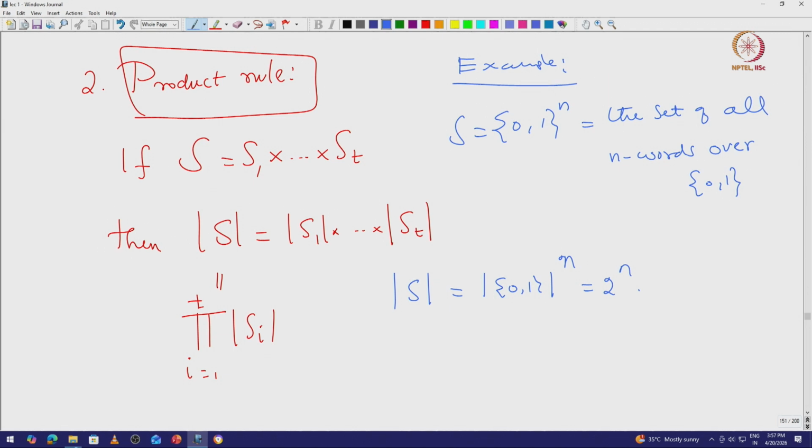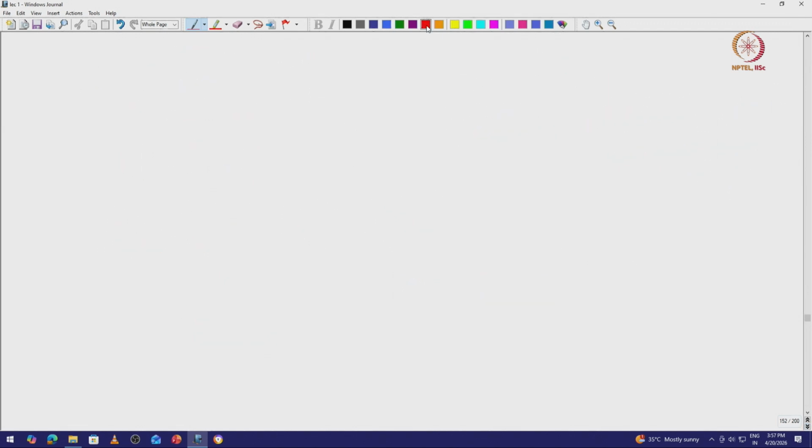Okay. So, the third rule is the bijection rule. It is clear what the bijection rule says; we already used it.